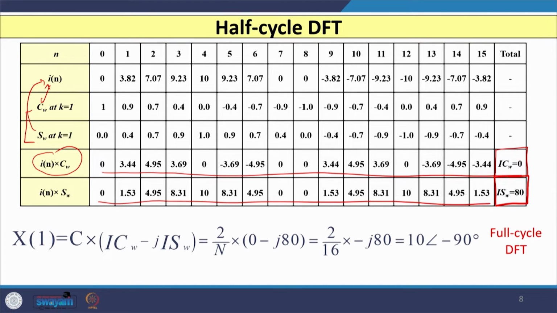Using these values, 0 and 80, we get x1, the phasor of the fundamental term, where C is 2 by N, for full cycle: 0 minus j 80. So, we will have the value 10 angle minus 90 degree if we use all the samples, that is, full cycle DFT.